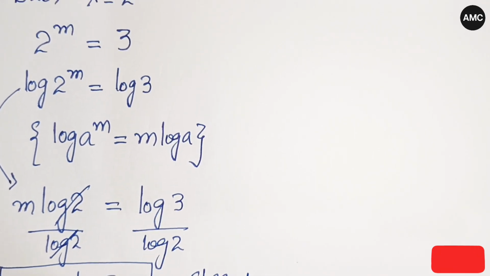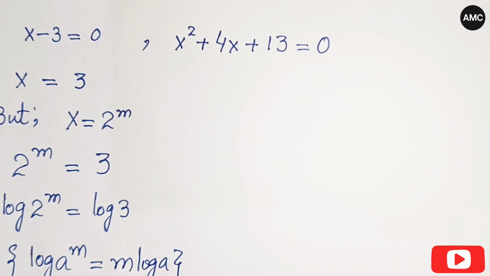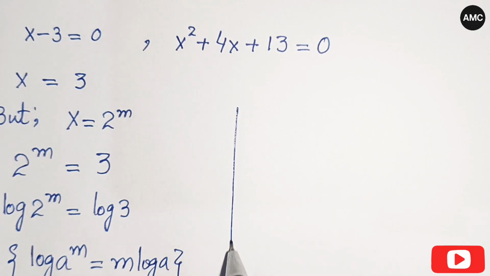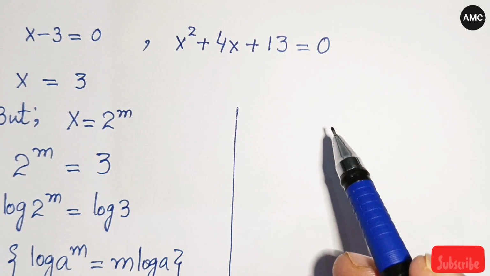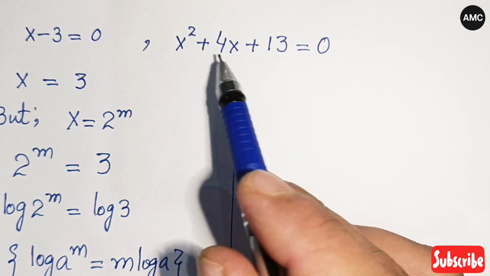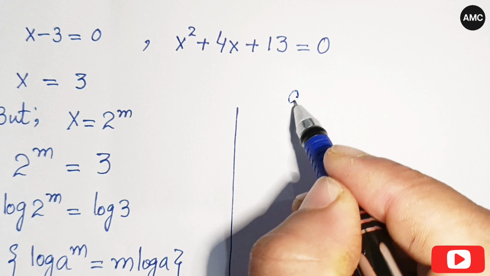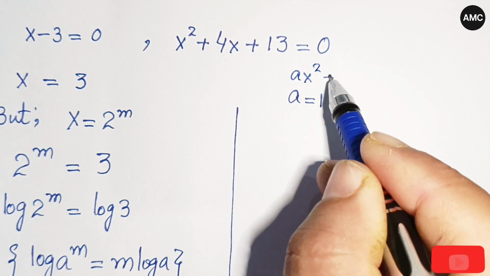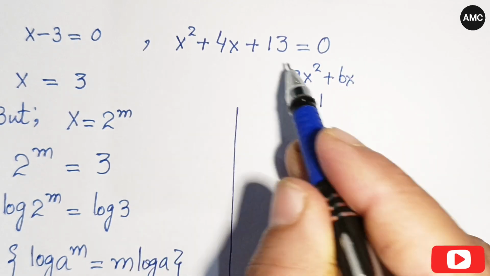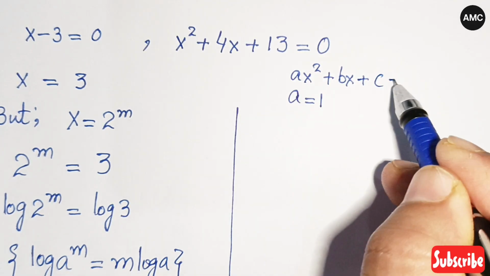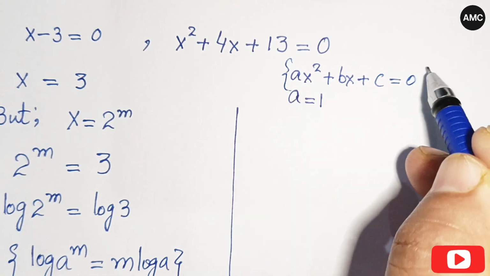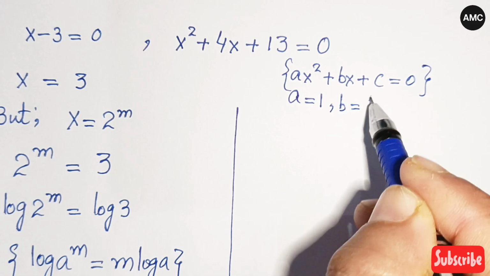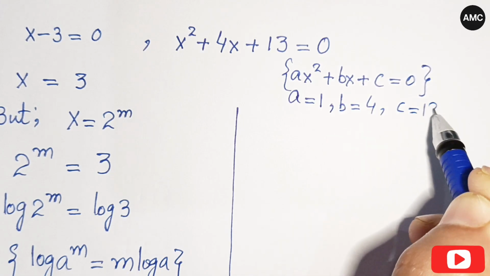Now we are going to solve our second equation here, that is x squared plus 4x plus 13. First of all we are going to check the determinant. Because it is a quadratic equation, we compare with the general form of a quadratic equation. The value of a is 1, b is 4, and c is 13.